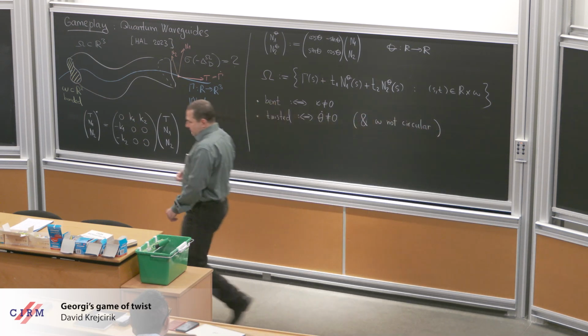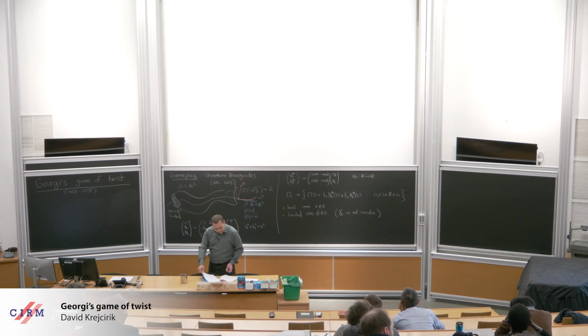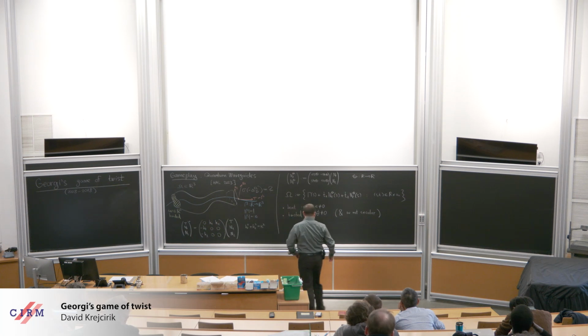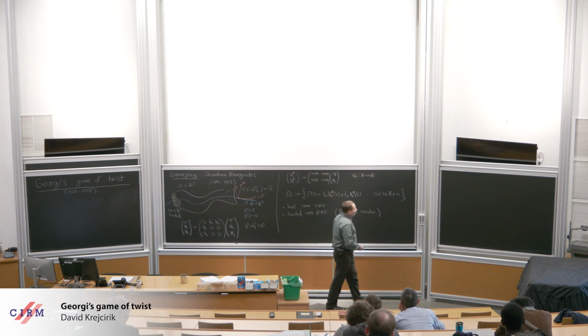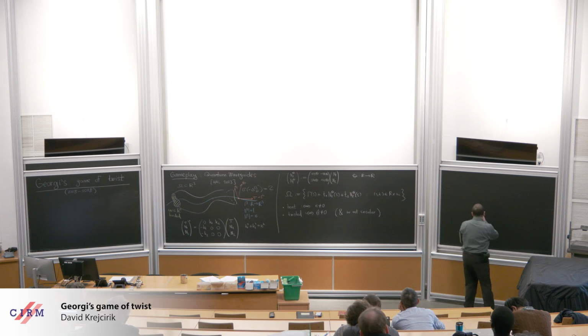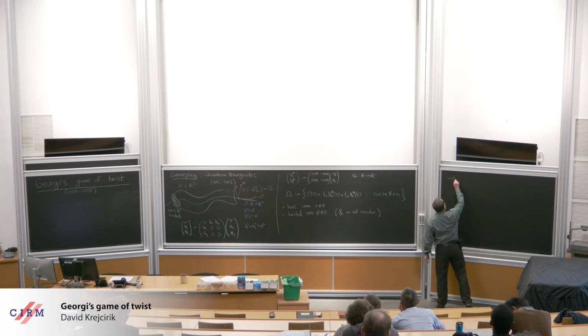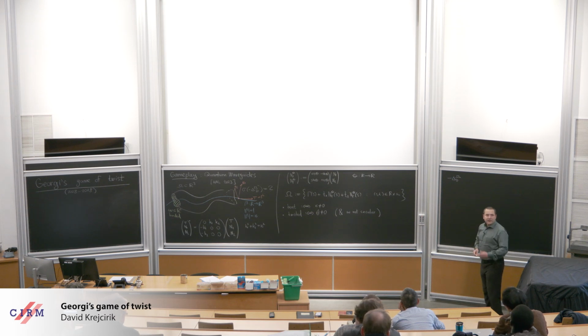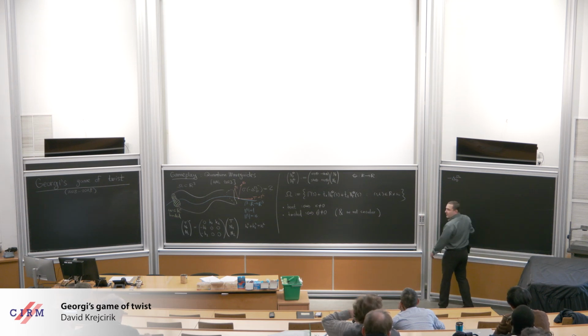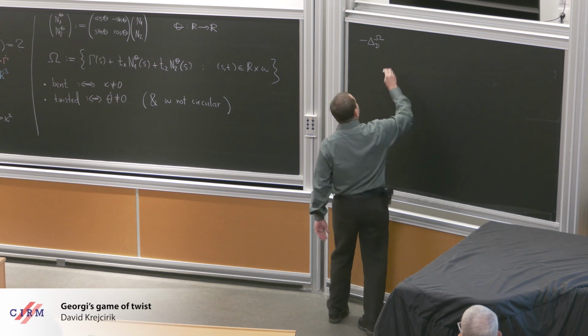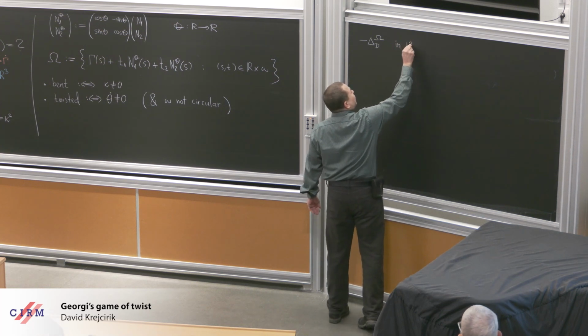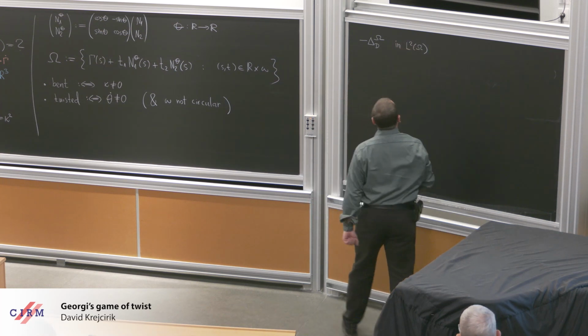Okay, so this is the setting. And before, maybe I can write it here. So the problem, as I said, is the Dirichlet Laplacian. This is a self-adjoint operator in L2(Ω).